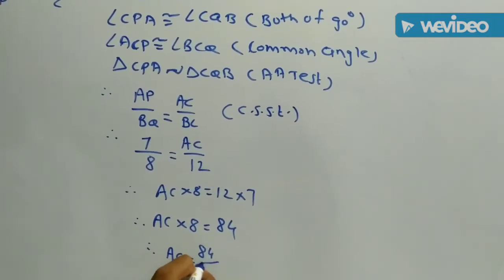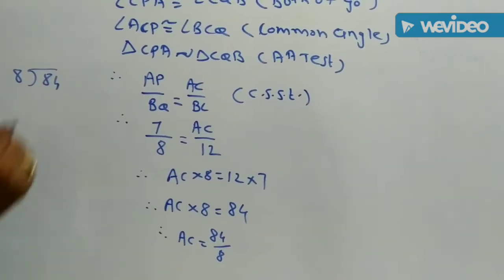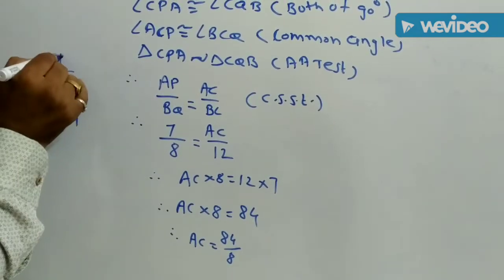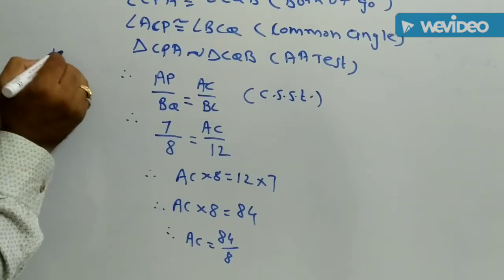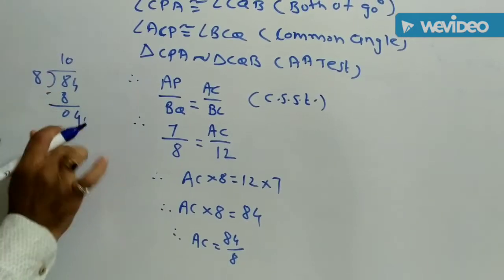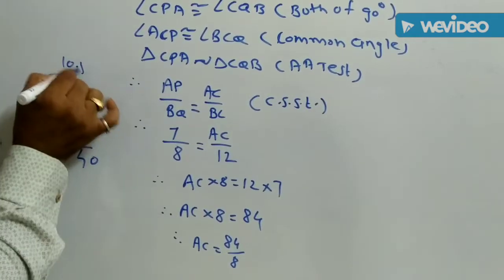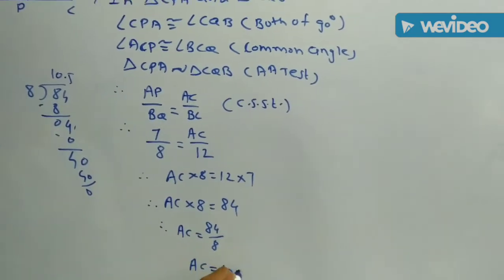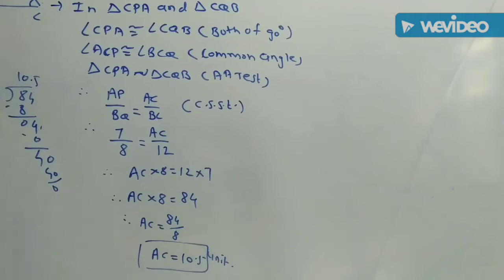Multiplied 8 gets converted to division, that is 84 divided by 8, which gives 10.5, therefore AC is equal to 10.5 units, which we have to find.